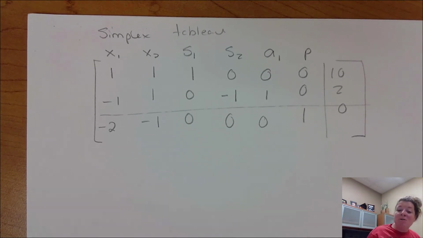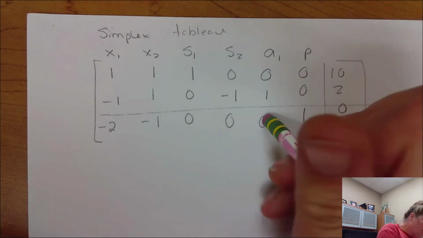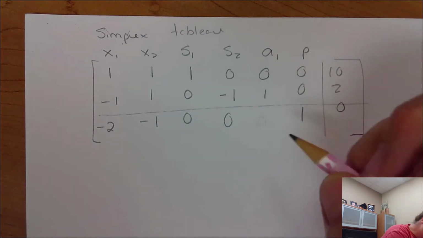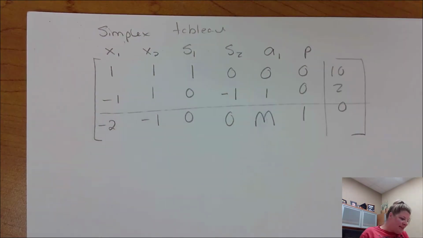Okay, where are we going to start with this? We need to start by moving. Oh, shoot, I forgot the M in the artificial row. I was like, how am I supposed to move this? I apologize. Artificial has the M, which was M A1, right?